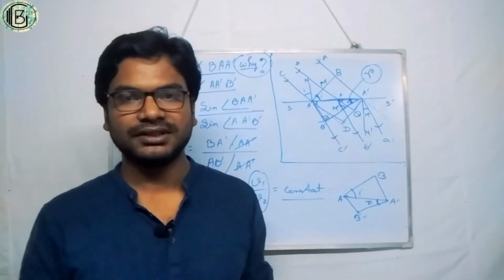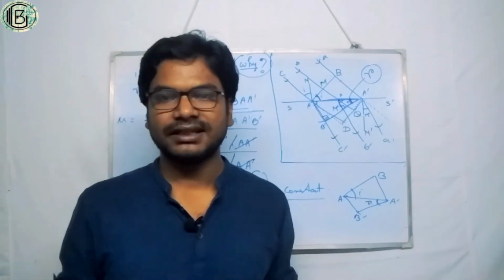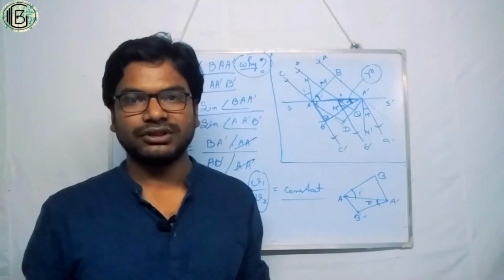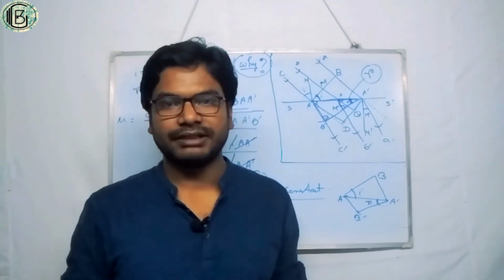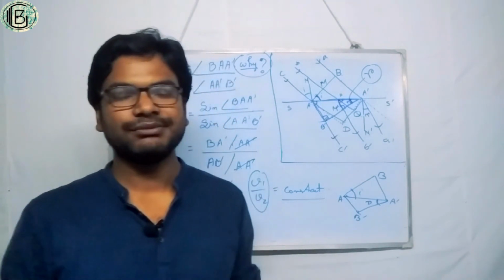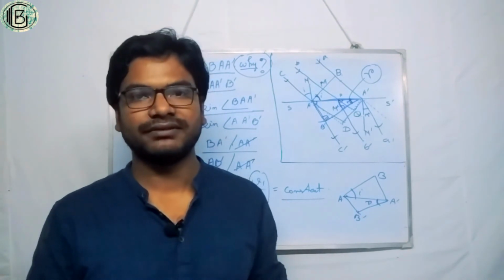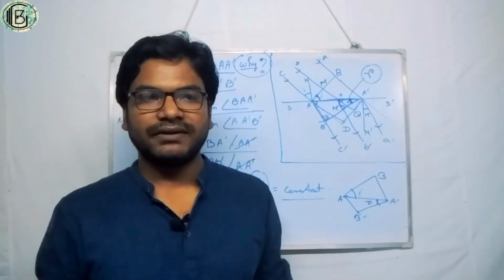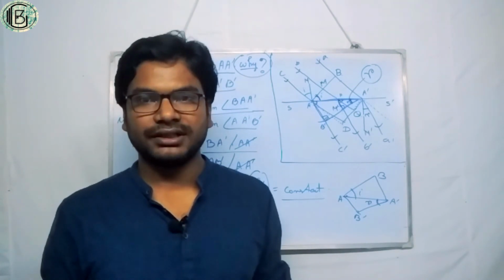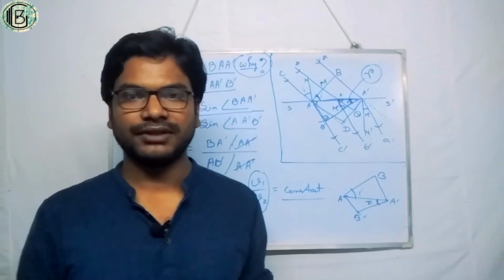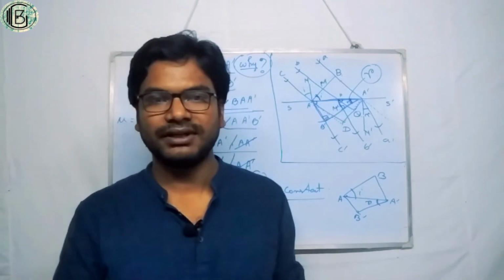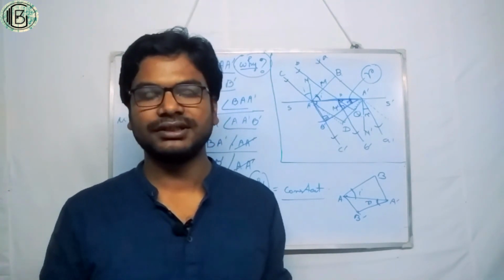The first is sin I by sin r, and the other is the ratio of the velocity of light in the media. It seems there are two different definitions, but in physics, different definitions of the same physical quantity are not possible.